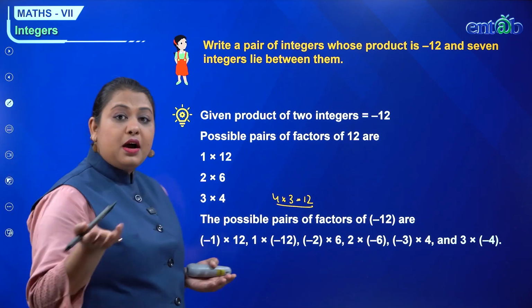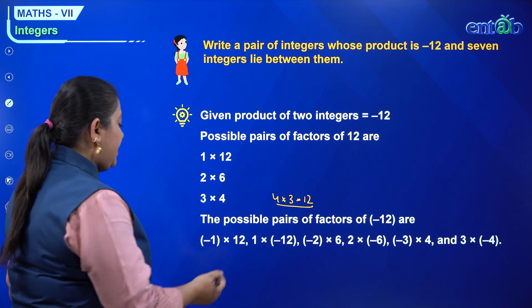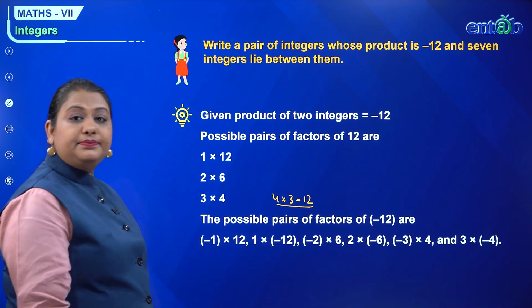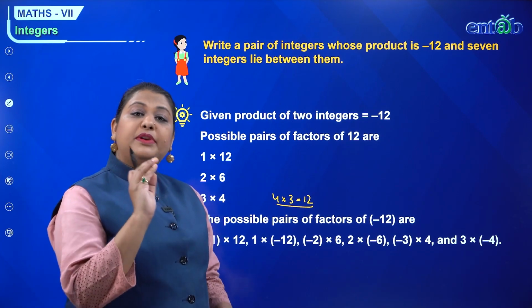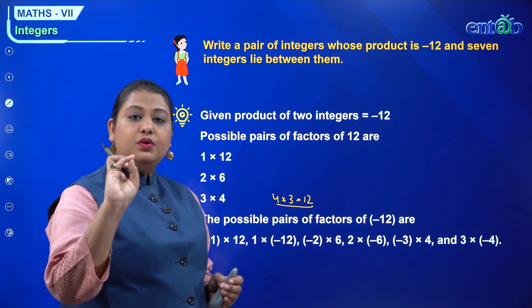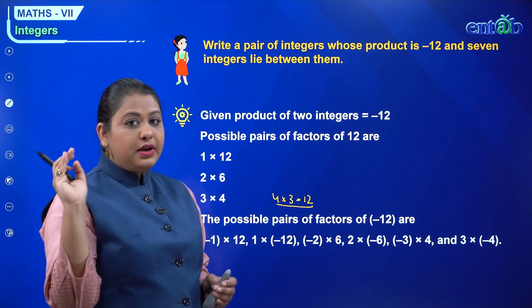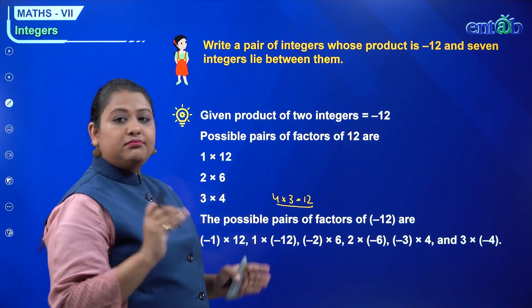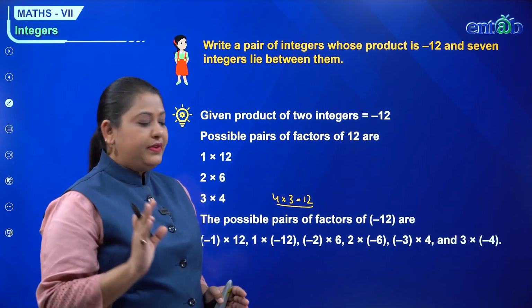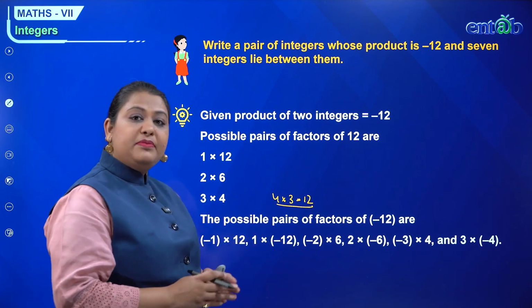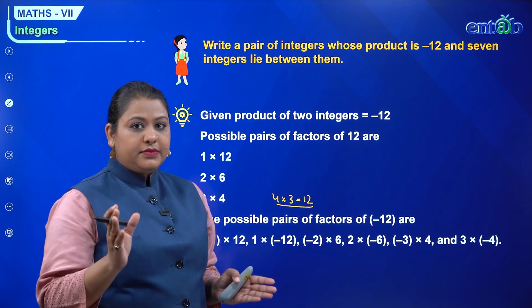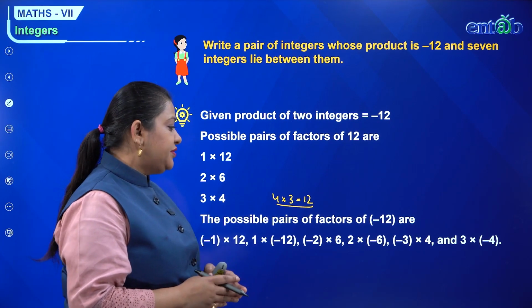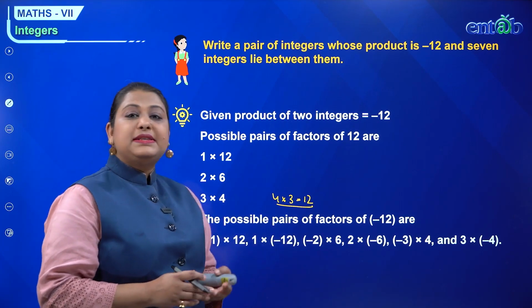Now let's check how many integers lie between them. If I consider minus 1 and 12, so between minus 1 and 12 we have 0, then 1, 2, 3, and so on till 11. There are more than 7 integers. Similarly between 1 and minus 12, yes, there are more than 7 integers. Minus 2 and 6.